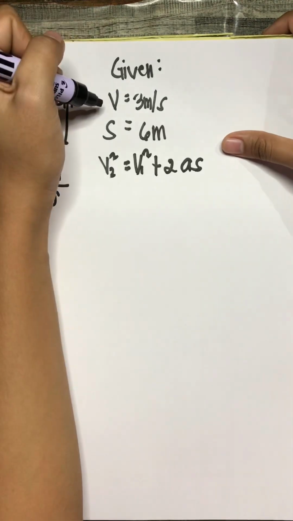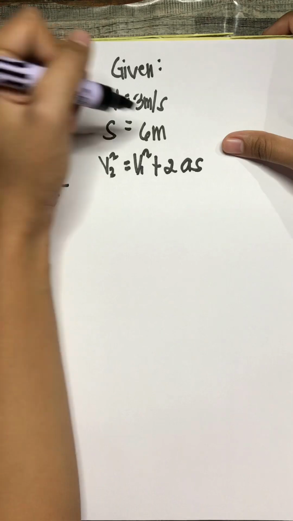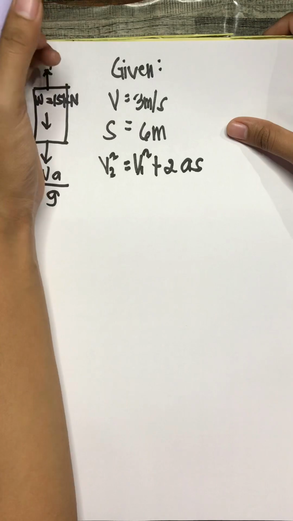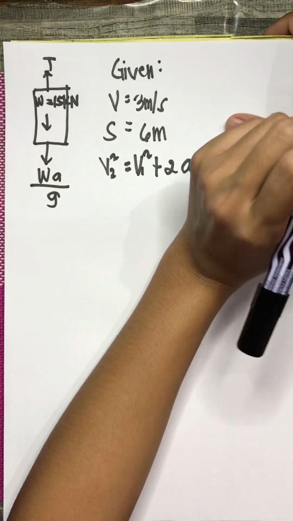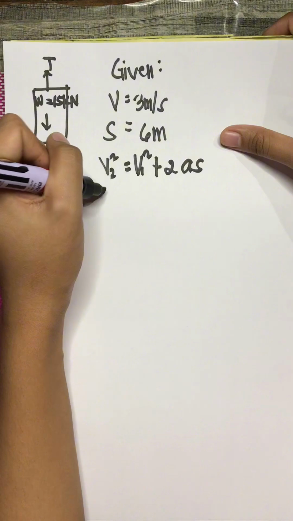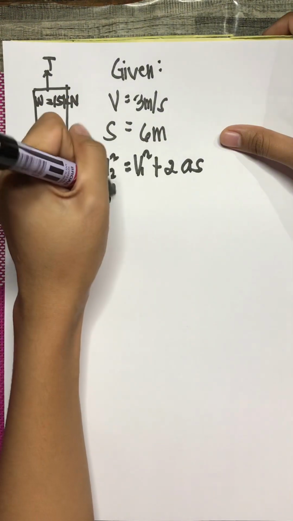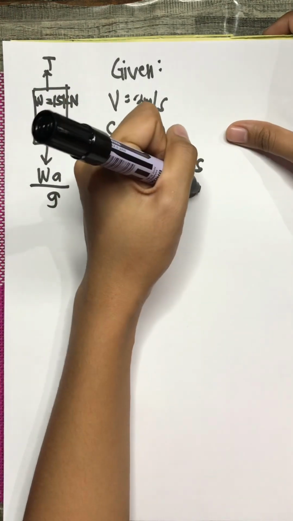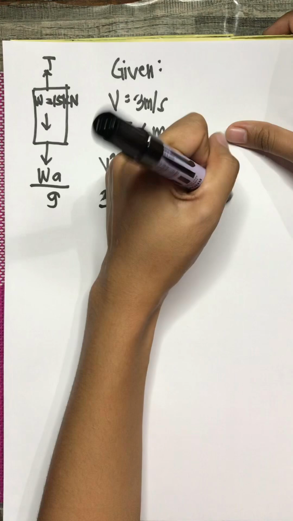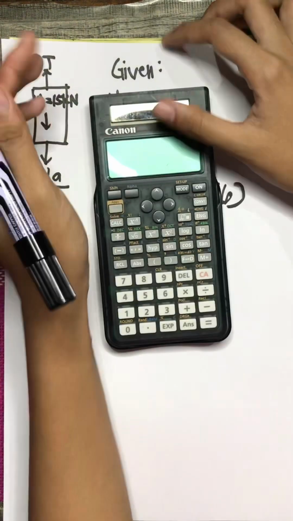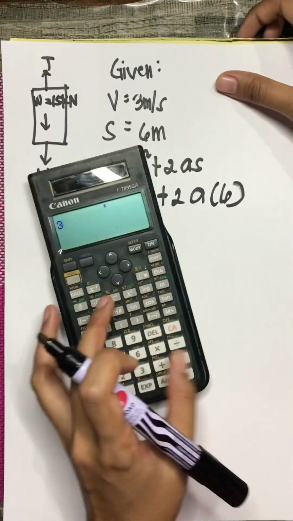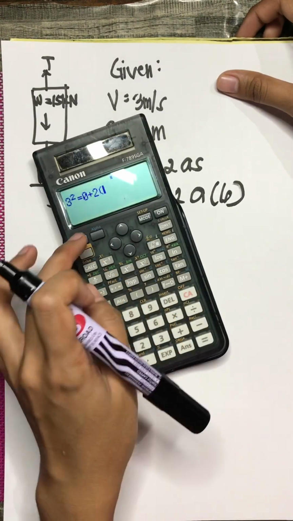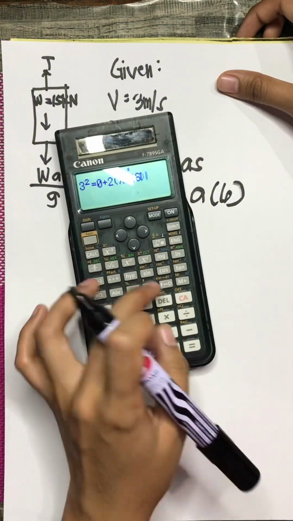The final velocity is 3 meters per second, and because the elevator starts from rest, 3 squared equals 0 plus 2 times 6.